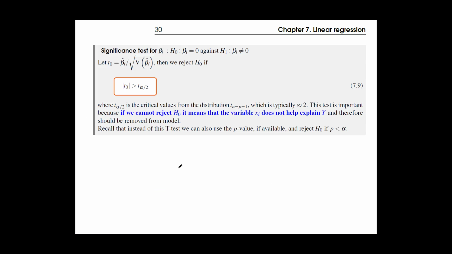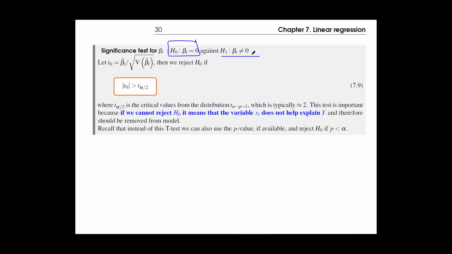All right, so we can go ahead and apply the same hypothesis test we did before. Now, the null hypothesis is this one always, because you want to see if the slope, remember the beta is this marginal effect, or the slope of the line, is zero. So if the slope is 0, it means that the corresponding variable x_i does not have an influence on the model. So if it's 0, you should eliminate that variable. And then the alternative is going to be different than 0, or not equal to 0.